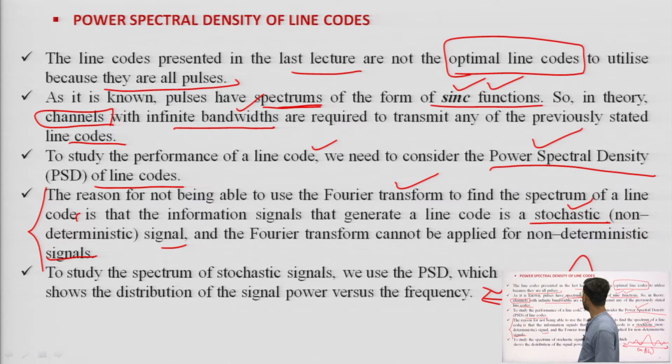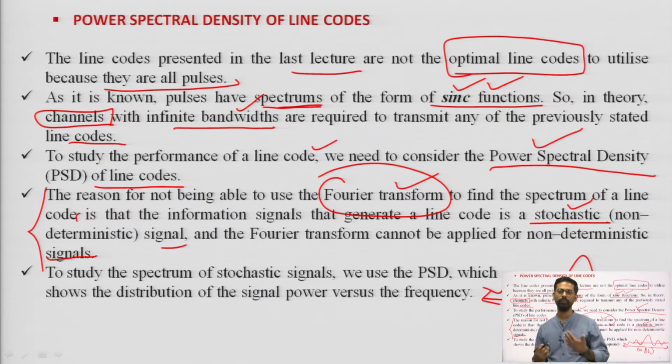The Fourier transform is generally how we find the spectrum, that is the frequency domain. Okay. So, in case of a non-deterministic signal, we are unable to use the Fourier transform.